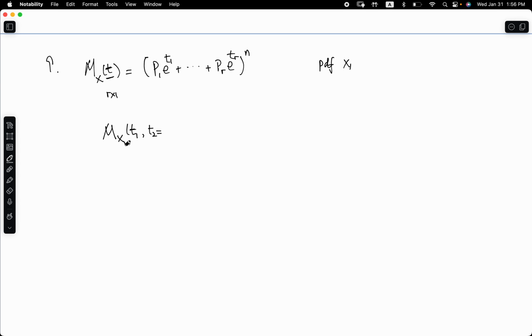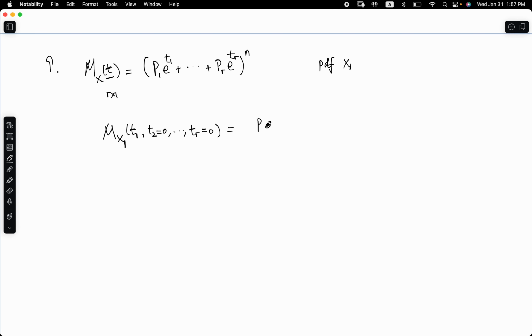So this is the homogeneous function of the first random variable, but setting all the rest of the t equal to 0, the t's associated with the random variables that we are not interested in.